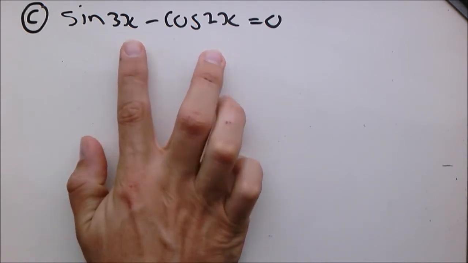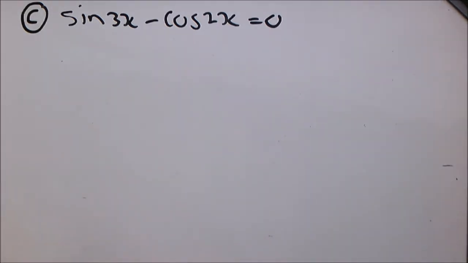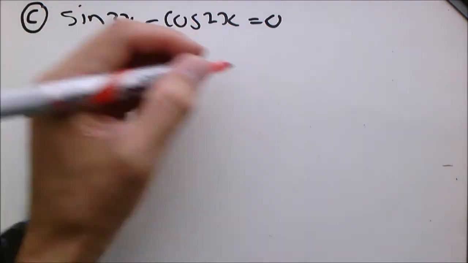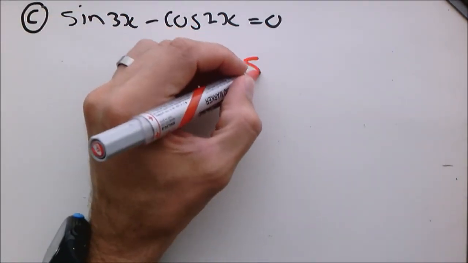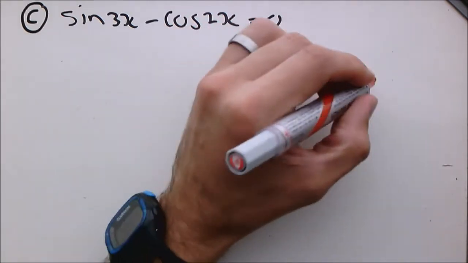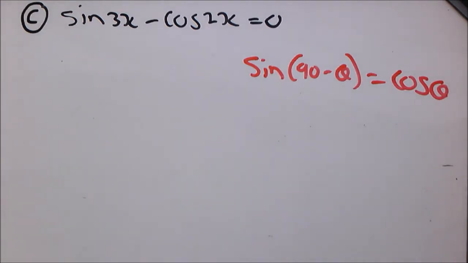Two different angles, two different functions. We are definitely going to work with the reduction formula. Now in this case, we have the cos theta. So when we use the reduction formula, it will look like this: sine(90 minus theta) equals cos theta. So that's the one we end up with.